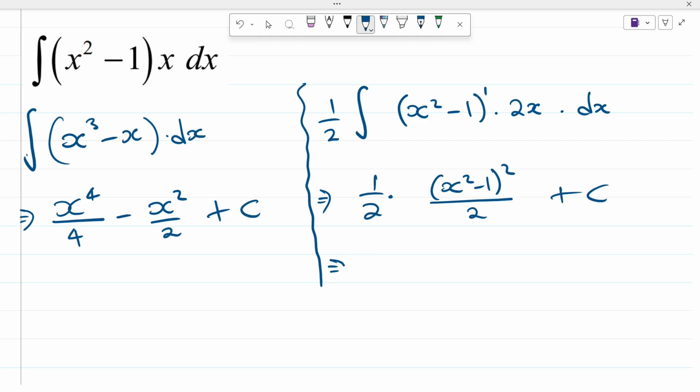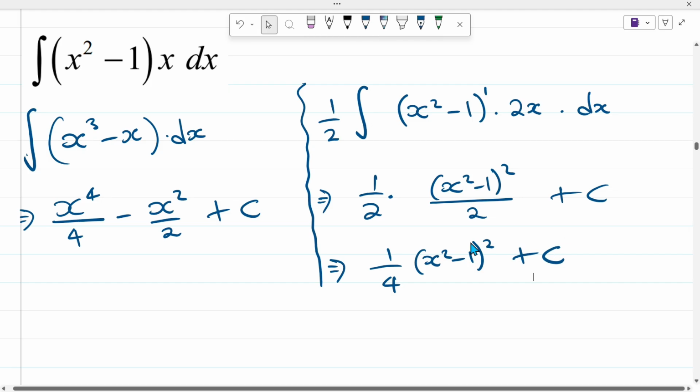Then this is the same as 1 over 4 times x squared minus 1 squared plus c. Then this becomes your answer. So these two answers are the same, guys. The two answers are the same. I repeat, they are the same.